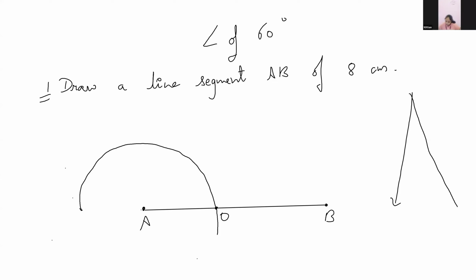Now put your compass on O and your pencil here and make a cut on the semicircle. Cut an arc. This cut is known as an arc.